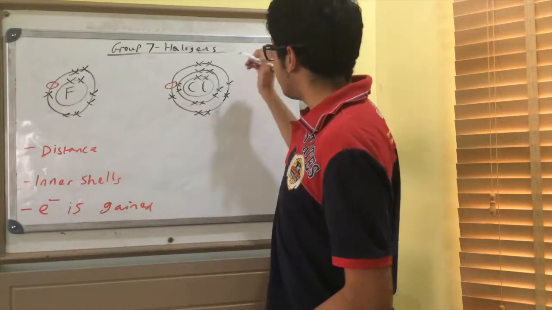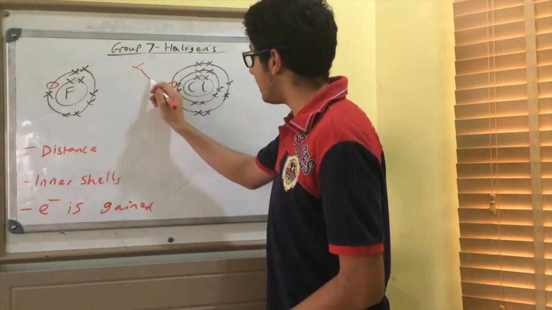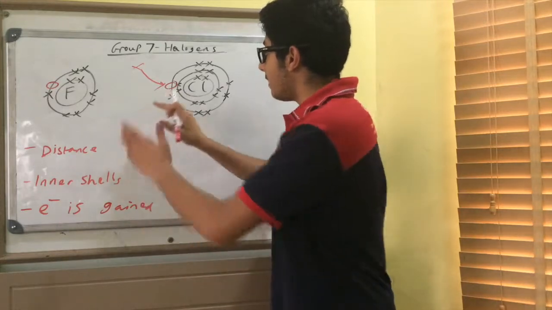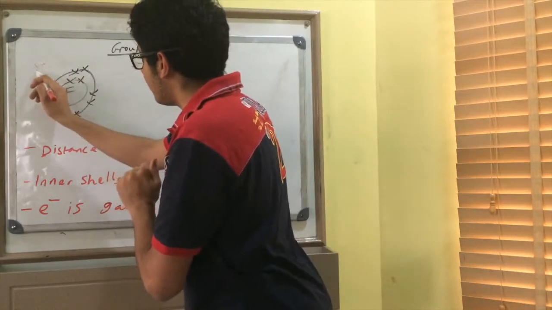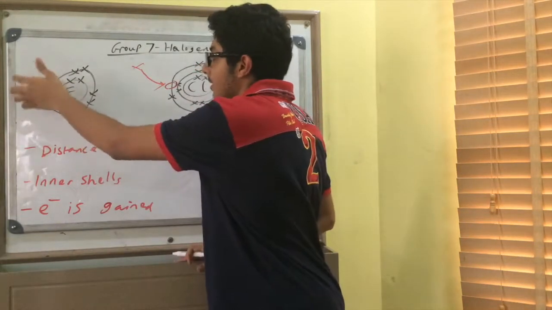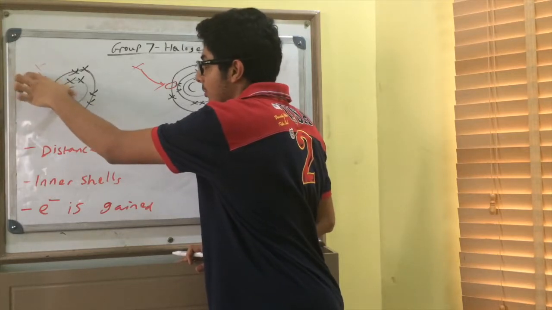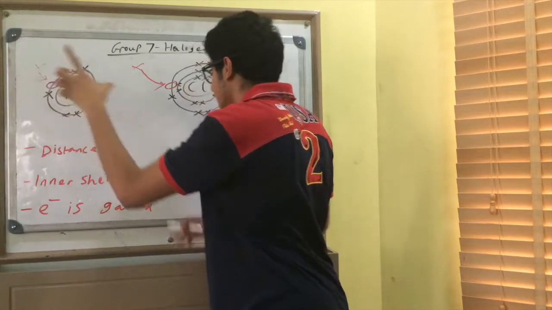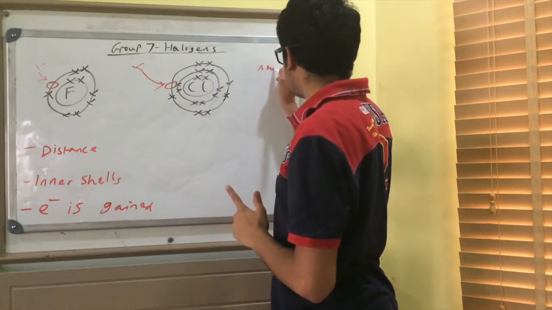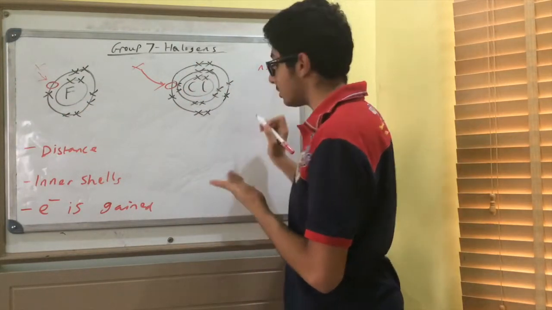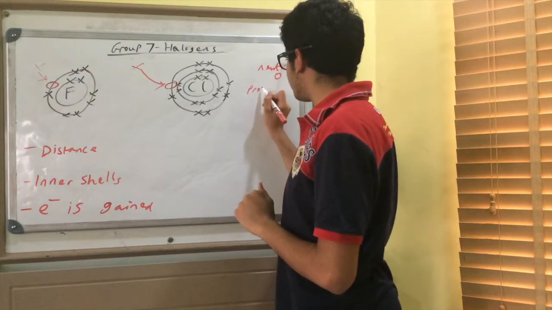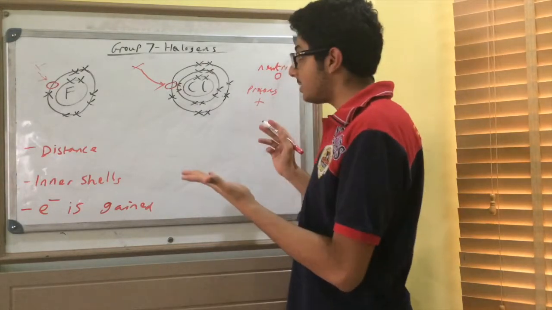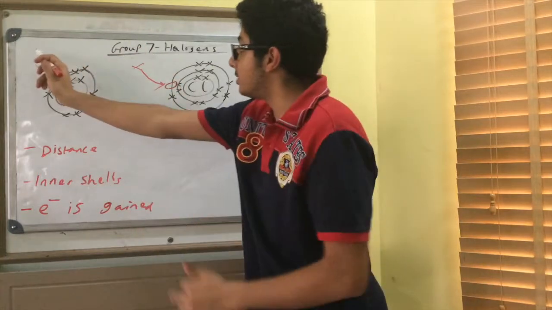The distance. If the electron is going to be gained, if the element has fewer shells, the electron is going to be closer to the nucleus. It can get closer to the nucleus. Remember, the nucleus has neutrons, which have 0 charge, and protons, which have a positive charge. An electron is a negative charge.